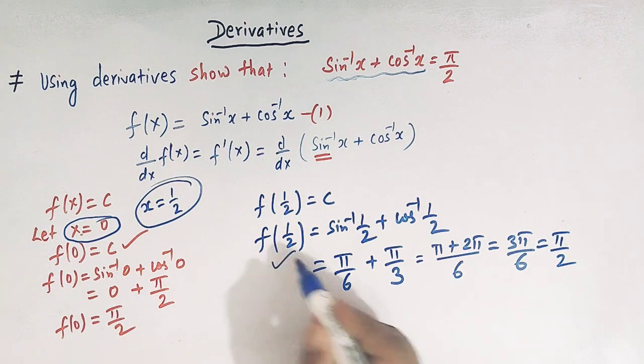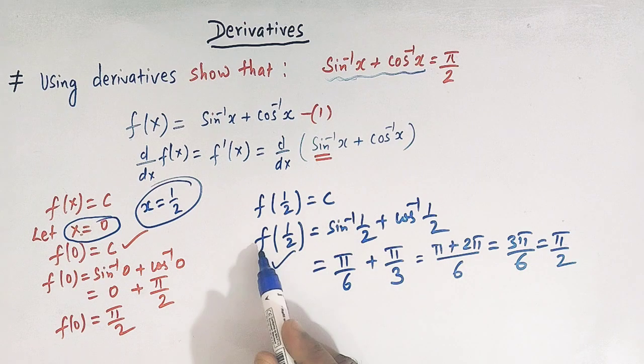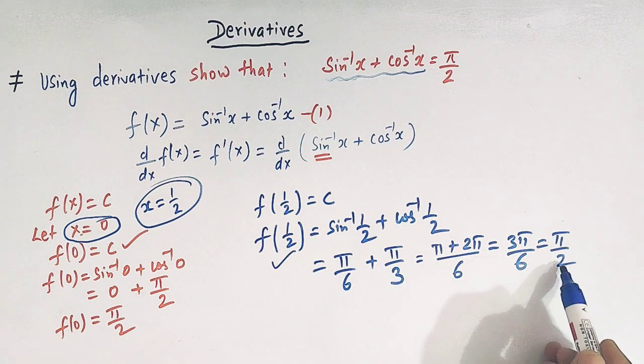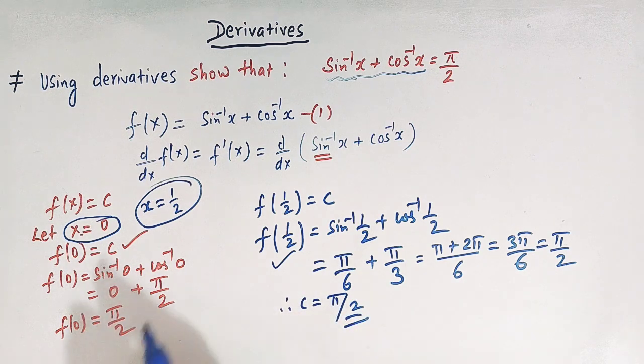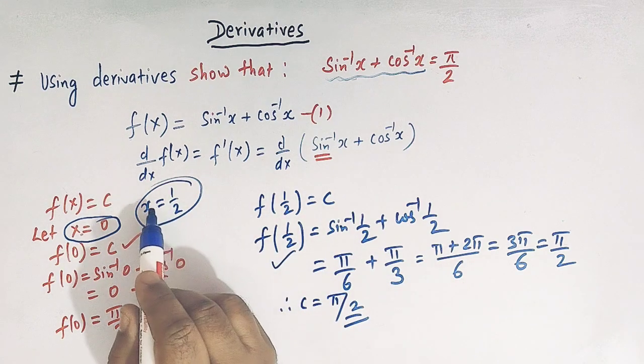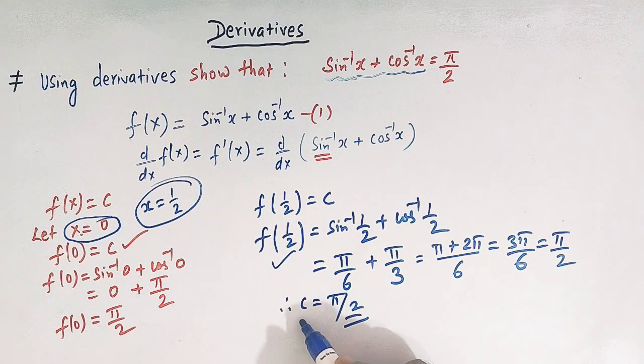So f of half is equal to pi by 2, and again c is equal to pi by 2, and we get the same result. So we can take different values of x, and every time we'll get the same value of c as pi by 2.